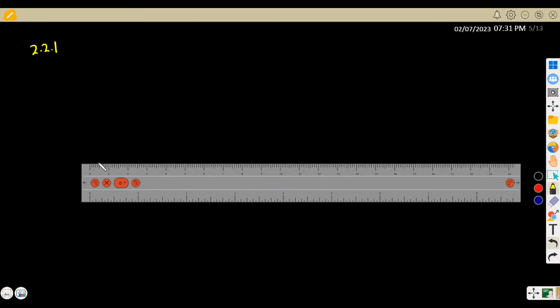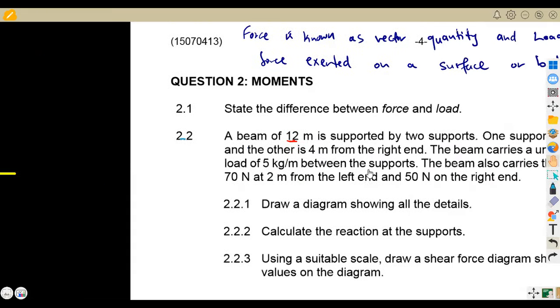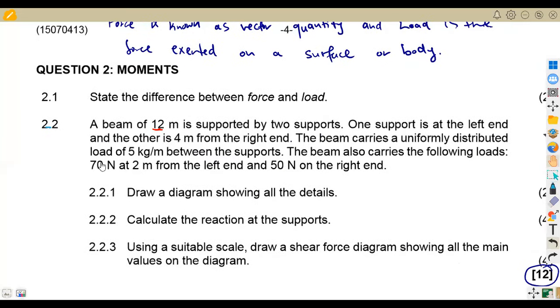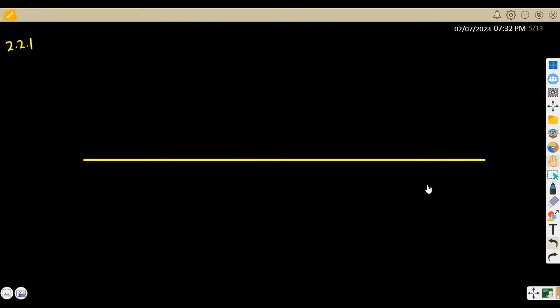So I'm just going to indicate on our diagram the line that you're going to use. I think that's where we need the ruler. The other part is not necessary. We are given that the load is supported by 2 supports. It is 12 meters in distance, which means the distance from the first point to the last point is 12 meters.